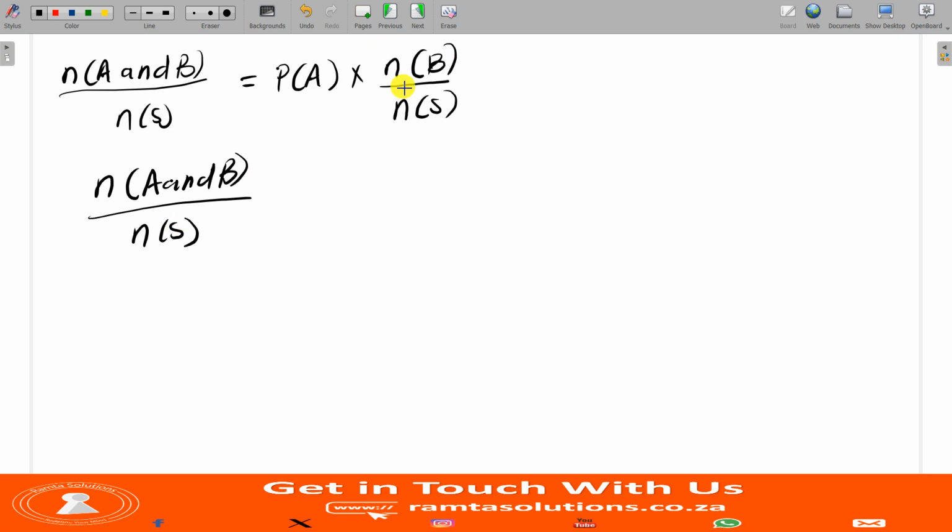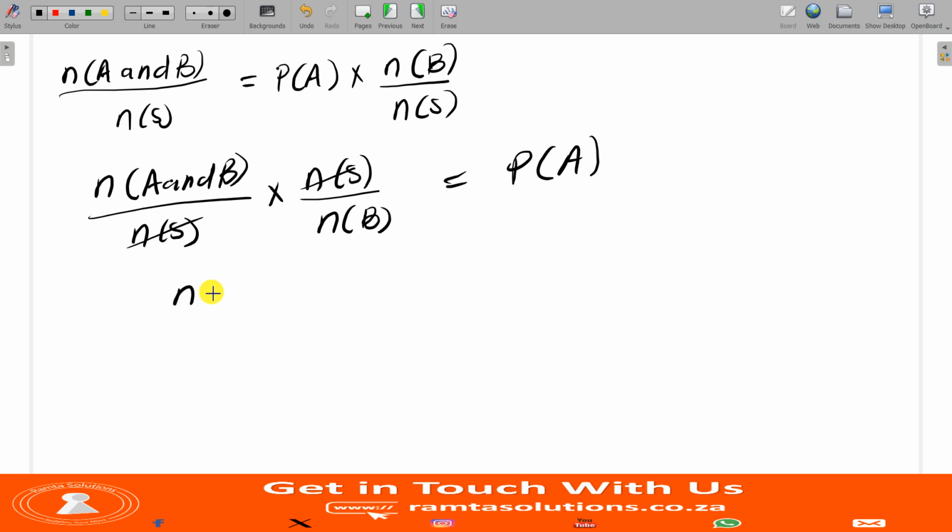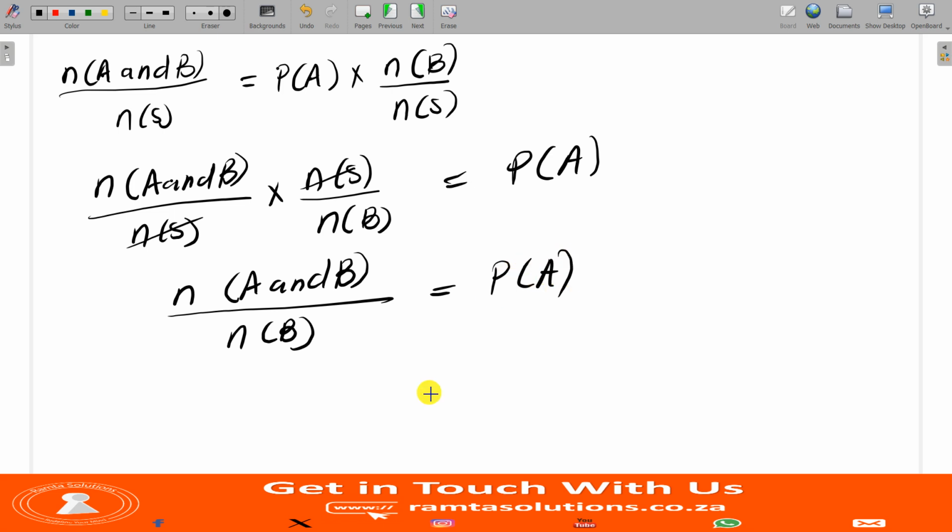If you divide by probability of B, it will be multiplied by sample space over number of outcomes of event B, which gives probability of A. Now, as you can see, these will cancel. What are you left with? You are left with probability of A and B over the number of outcomes of event B, which is equal to probability of A.